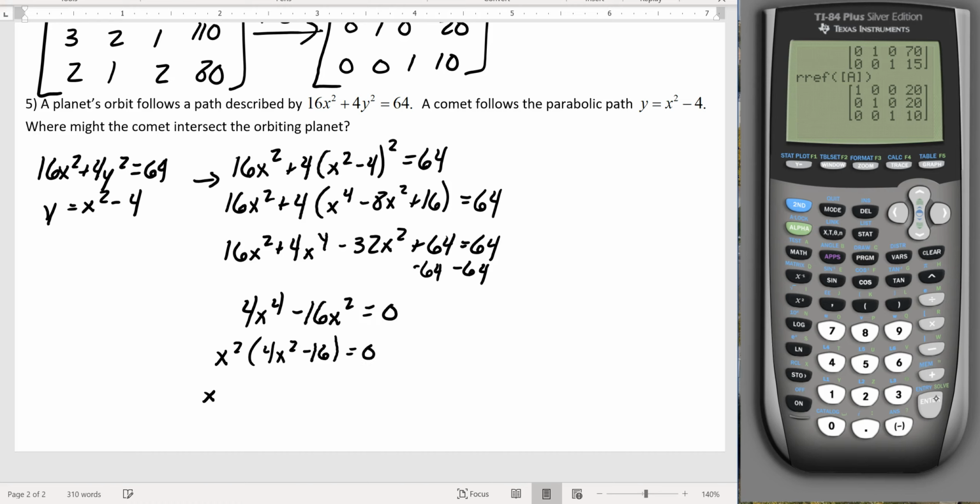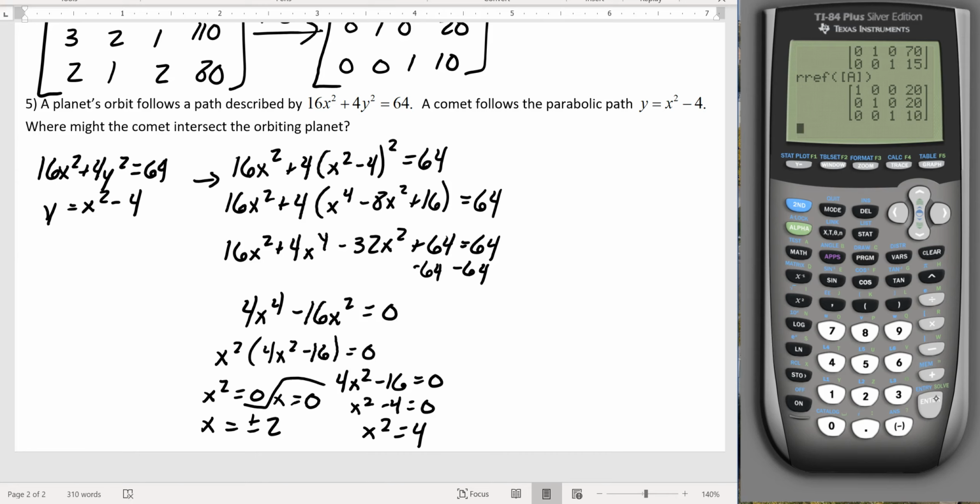So I know x squared will equal 0. I also know that 4x squared minus 16 will equal 0. I can divide that by 4. I'll get x squared minus 4 equals 0. Add 4, x squared equals 4, which means that x equals plus or minus 2. x squared equals 0 tells me that x equals 0.